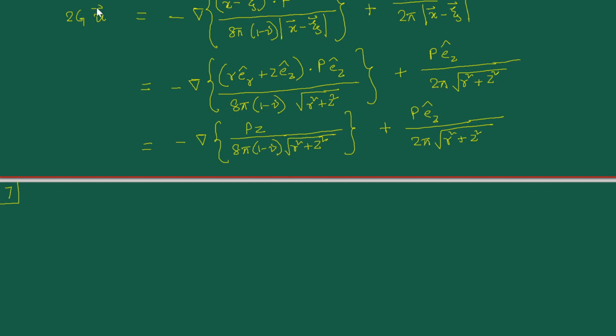This u vector is also in this fashion, so it is twice G ur er hat plus uz ez hat.